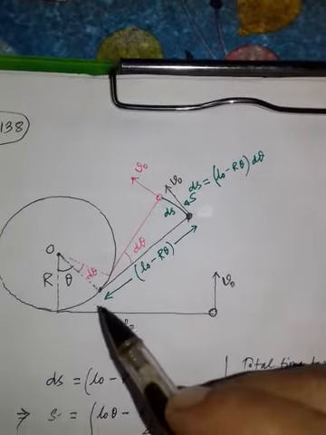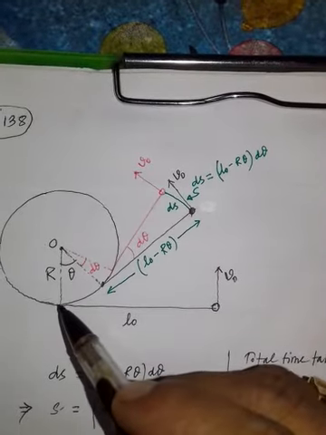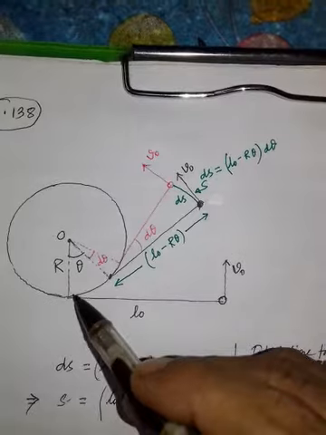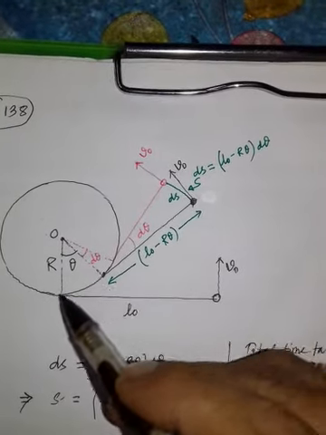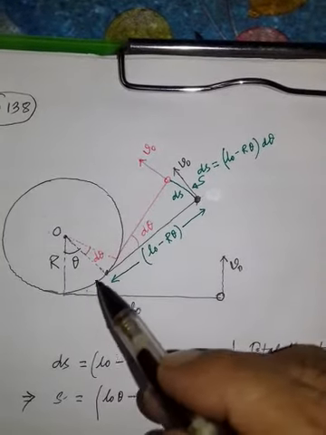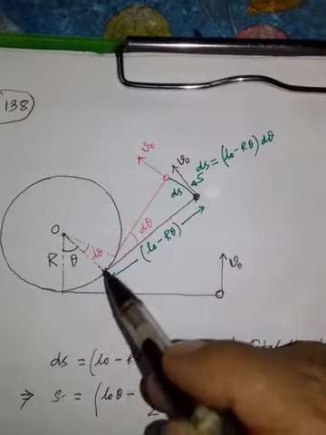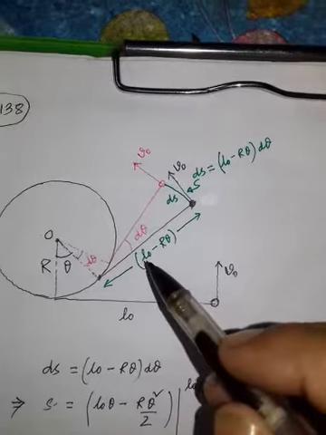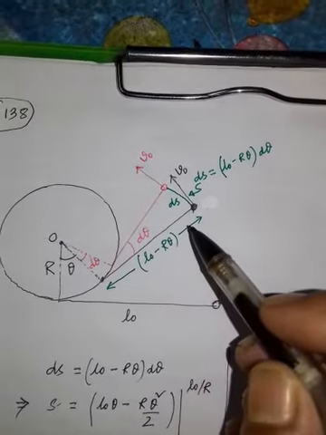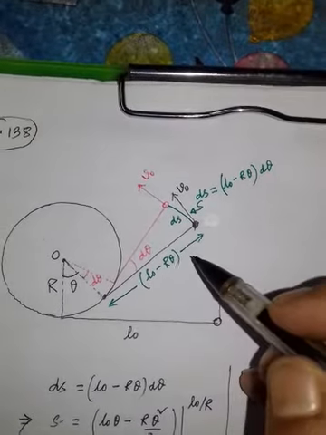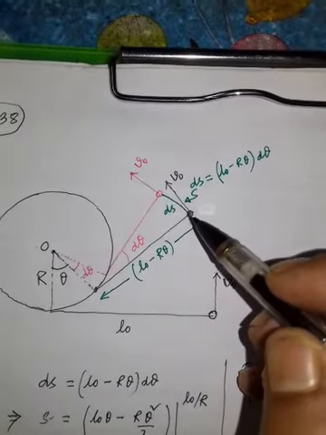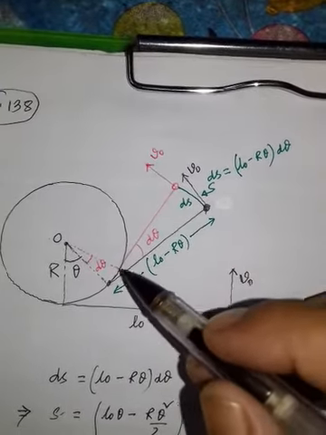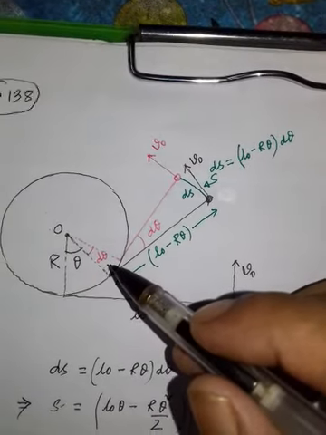Now, as this string rolls over this cylinder, this rolled length would be r theta. So the length of this portion of the string would be L0 minus r theta. After a few moments, this disc comes to this position, making a very small angle d theta.